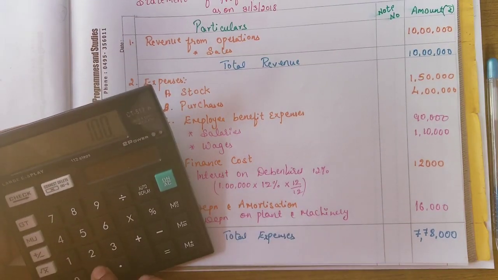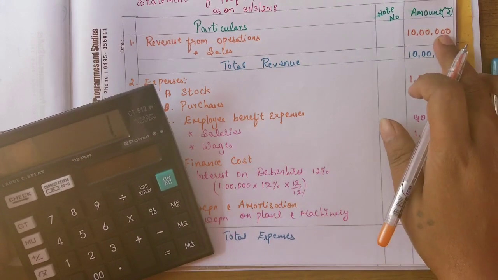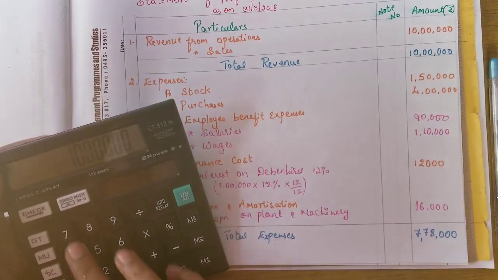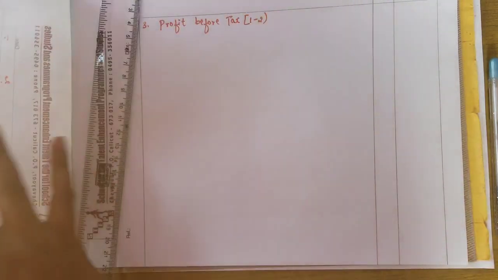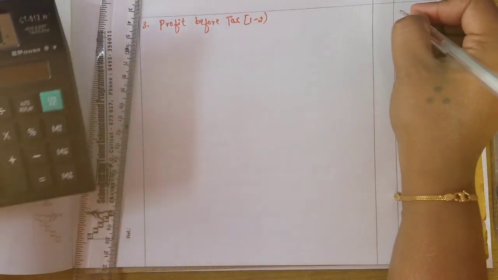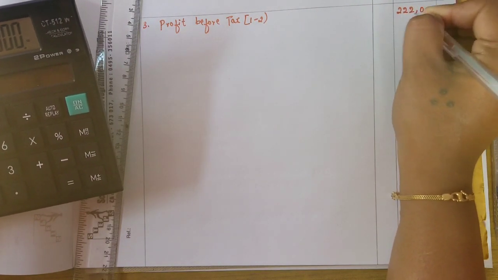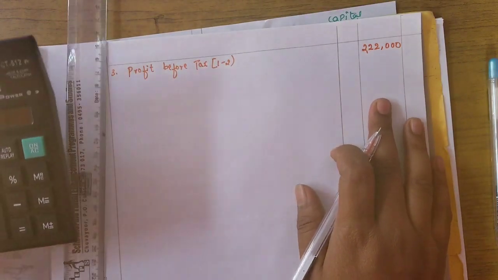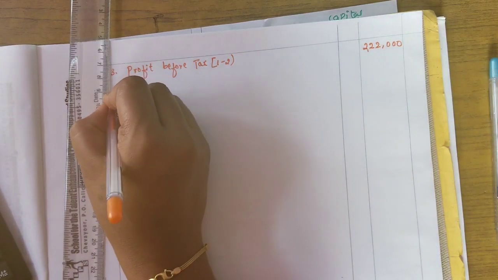So total revenue is 10 lakhs, minus expenses 7,78,000. So the profit before tax is 2,22,000. On this we need to calculate the tax.